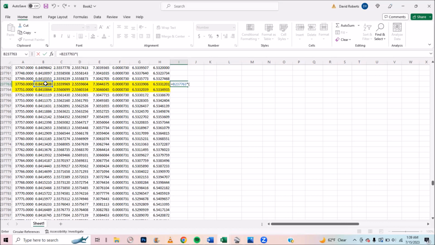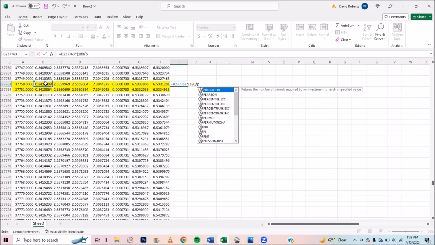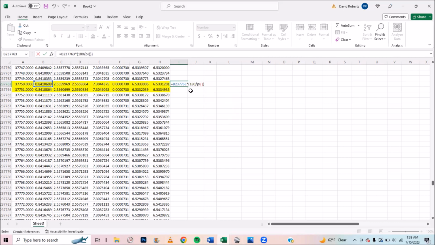So we're going to do this times 180 divided by pi. I'm just going to tell you that. But how would you actually do that? Let's do that one more time. How do you convert radians? Well, so you got radians. Let's say you had 6 radians. Well, you would multiply by 360, then divide by 6, and that would give you 360 degrees.